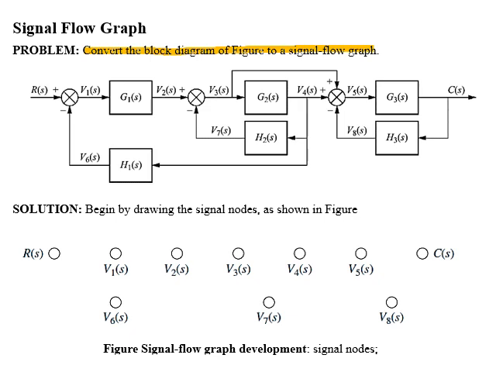If you look at the figure, in this system we have input signal R(S), output signal C(S), and intermediate signals which start from V1, V2 up to V8. So we have a total of 10 signals present in this system, and for these 10 signals, we will draw 10 nodes as shown in the figure.